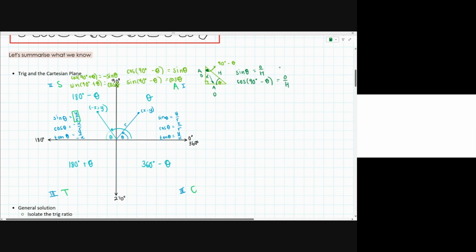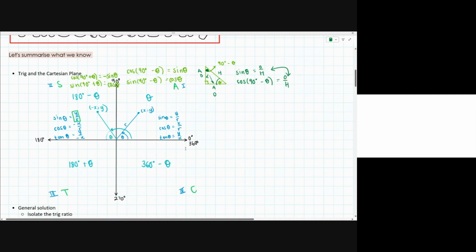And what we see is that those ratios are exactly the same as each other. So this is why the ratios swap from sine to cos and from cos to sine: because when we change our reference angle, because of the swapping of the opposite and the adjacent, we end up getting the same ratio for both of them.